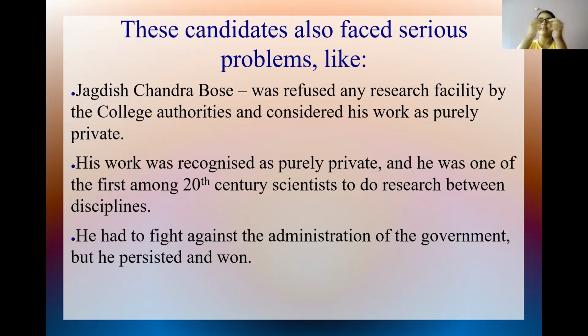He studied the relationships between both living and non-living things. He studied the relationships between plants. That is what school students call biology, but in advanced stages we call it botany.